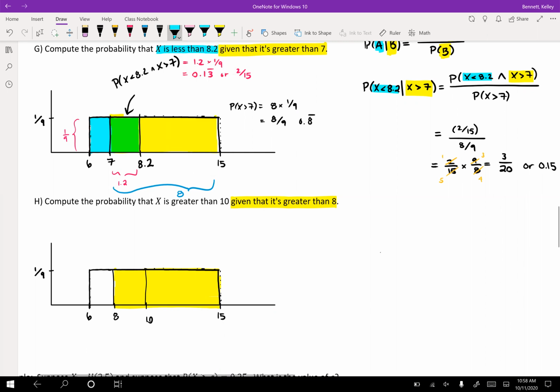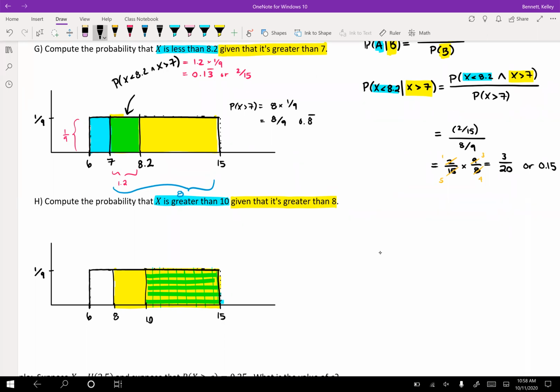And then probability that x is greater than 10, that's going to be this bit right here. And we can see that the intersection contains all of x greater than 10.